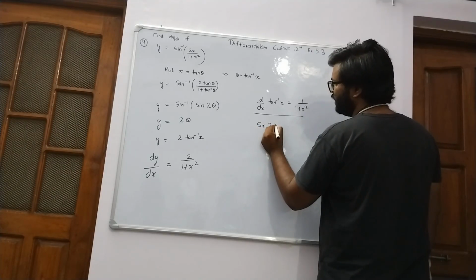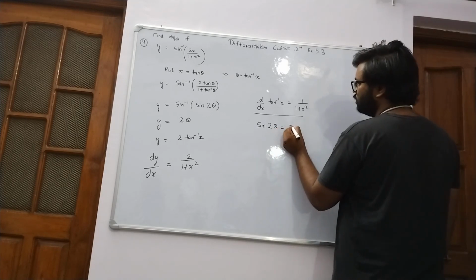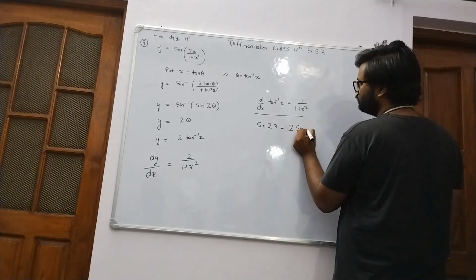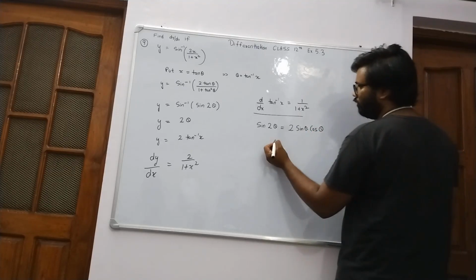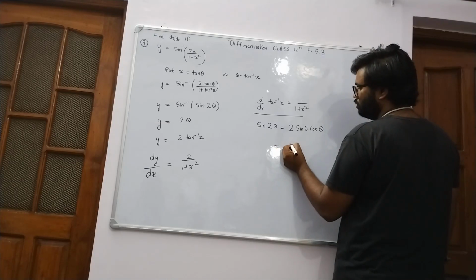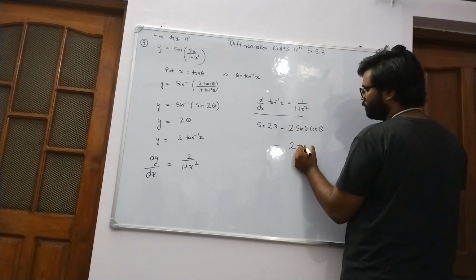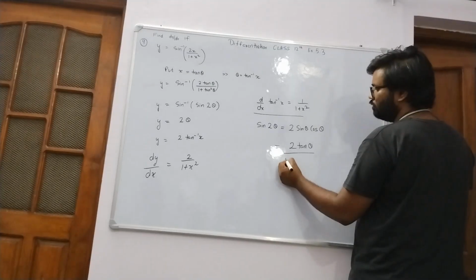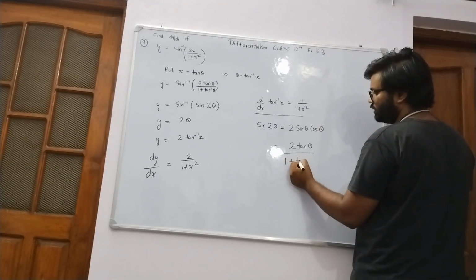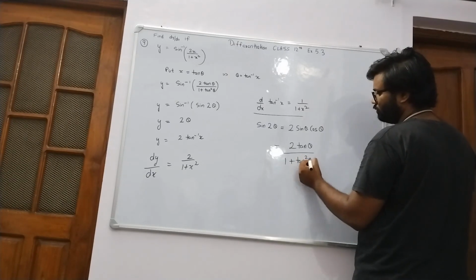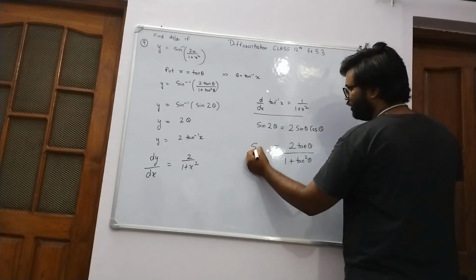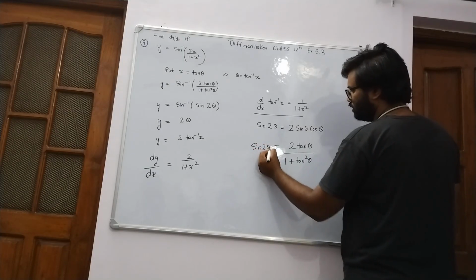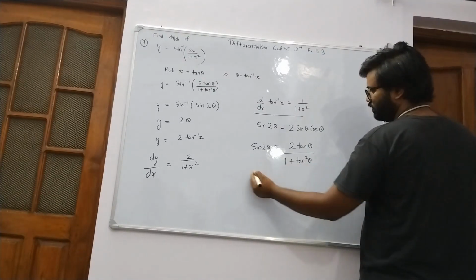Now sine 2 theta, we all know it's 2 sine theta cos theta, but the other form of sine 2 theta is also 2 tan theta upon 1 plus tan square theta. Okay, so now let's understand, is it really true or not? Let's solve the RHS over here.